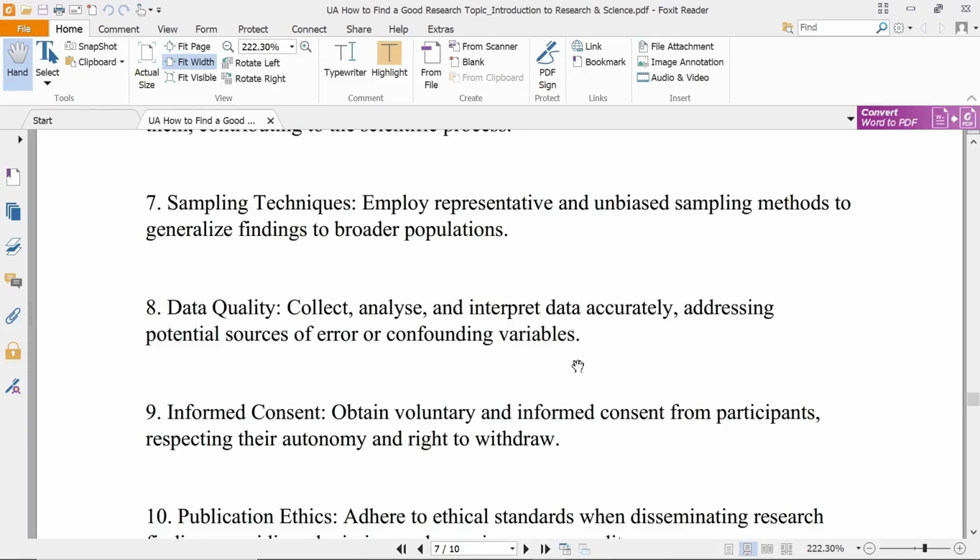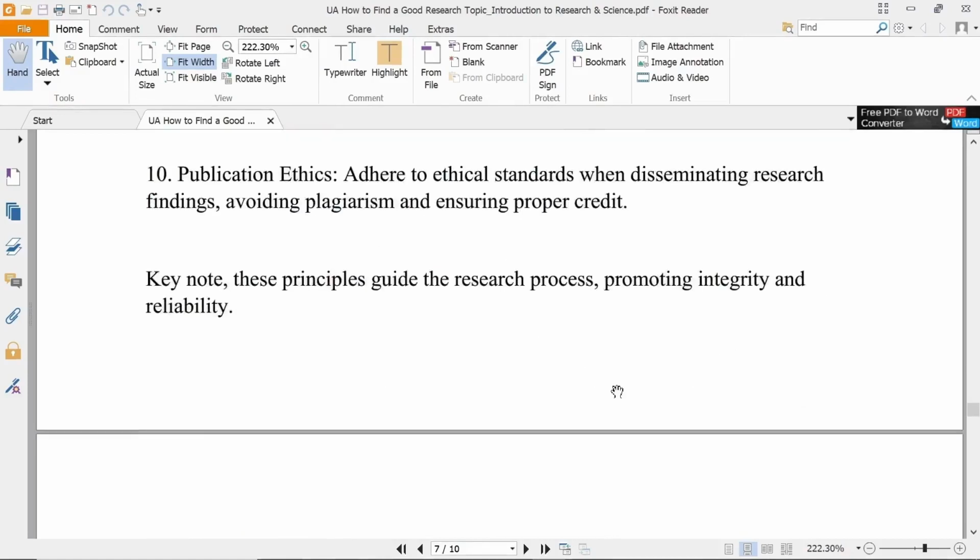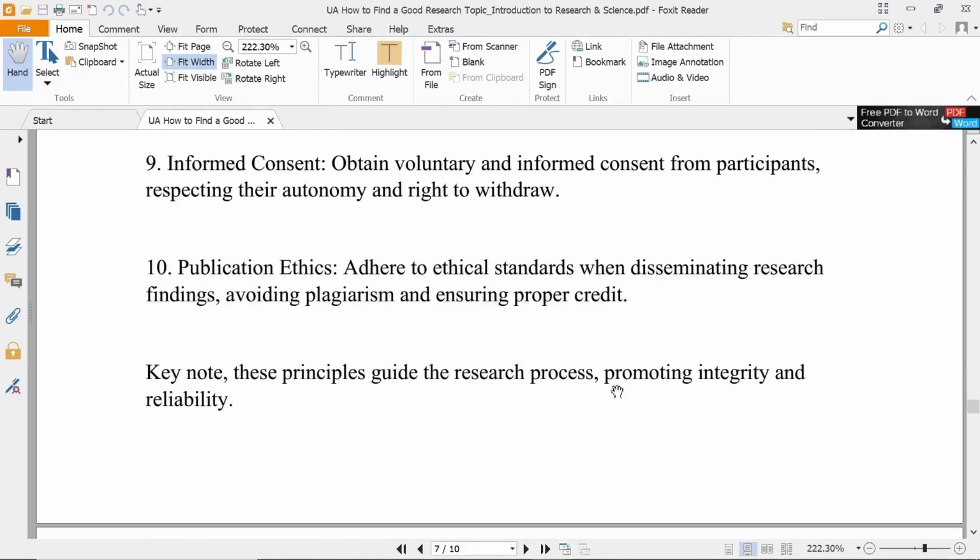Obtain voluntary informed consent from participants, respecting their autonomy and their right to withdraw. Publication ethics, still part of ethics in research: adhere to ethical standards when disseminating research findings, and avoid plagiarism.